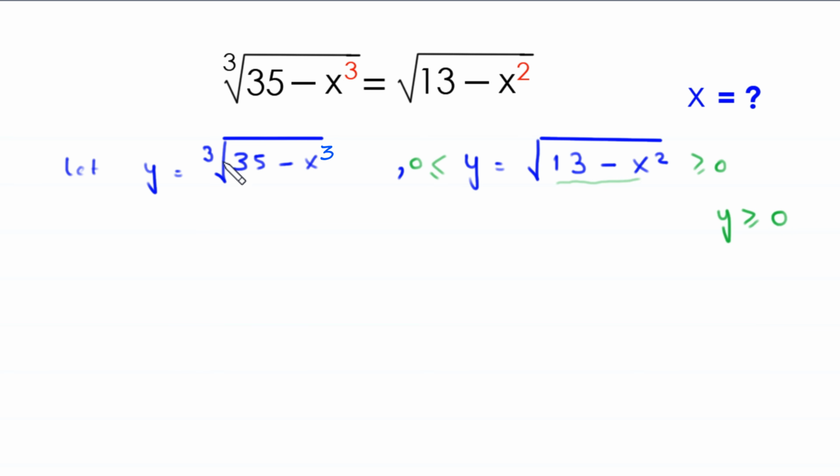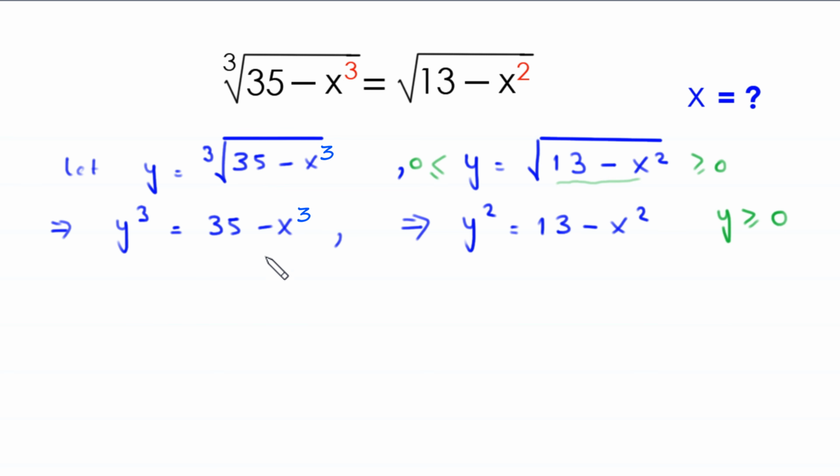If we take the cube of both sides of the first equation, y cubed is equal to 35 minus x cubed. If we take the square of both sides of the second equation, y squared is equal to 13 minus x squared.